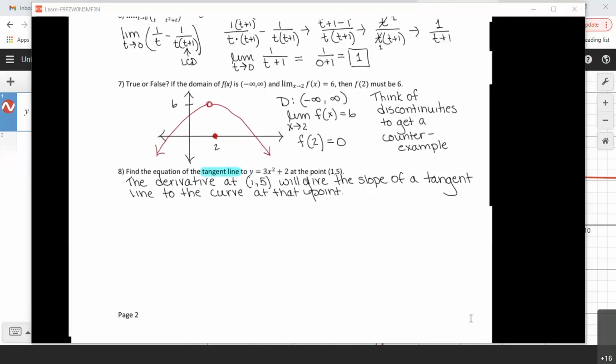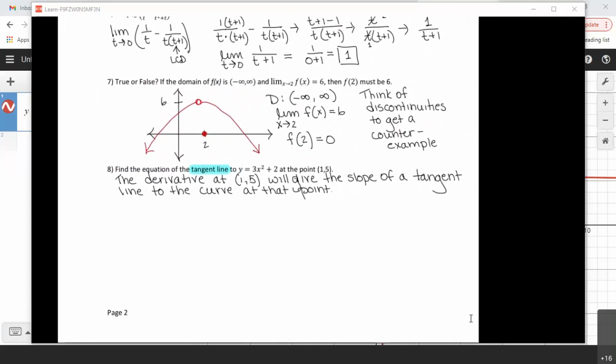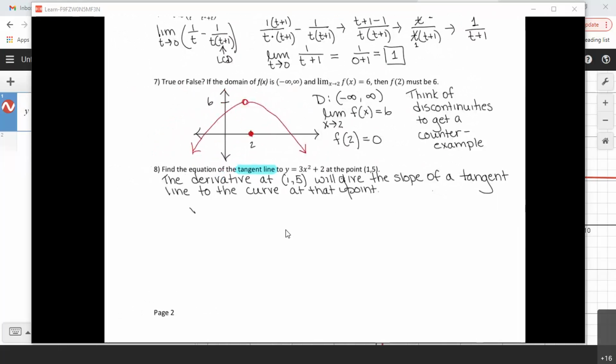The first thing you need in order to build the equation of a line is its slope. The other thing you need is a second point. Well, you have that right here. They gave you a point. So you have enough to build the equation of a line. What I'm going to do is find y prime. I'm differentiating 3x squared.